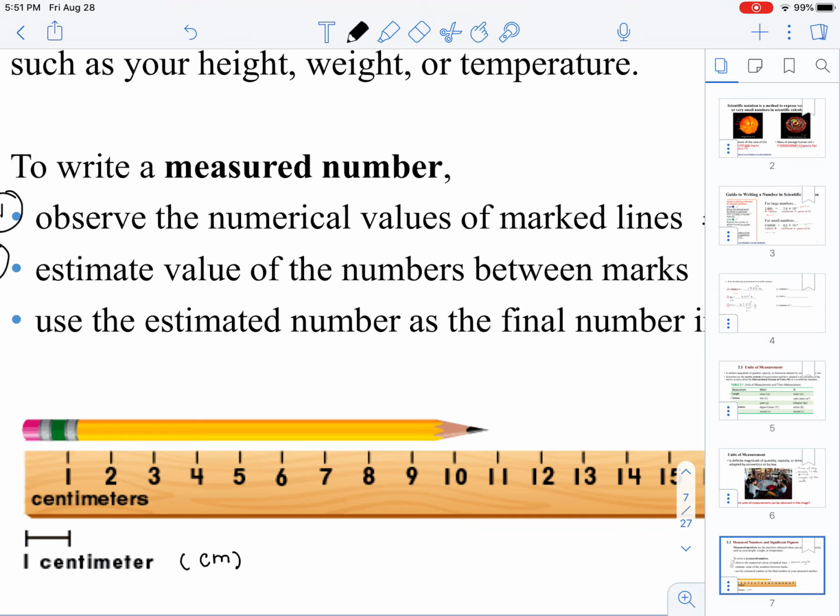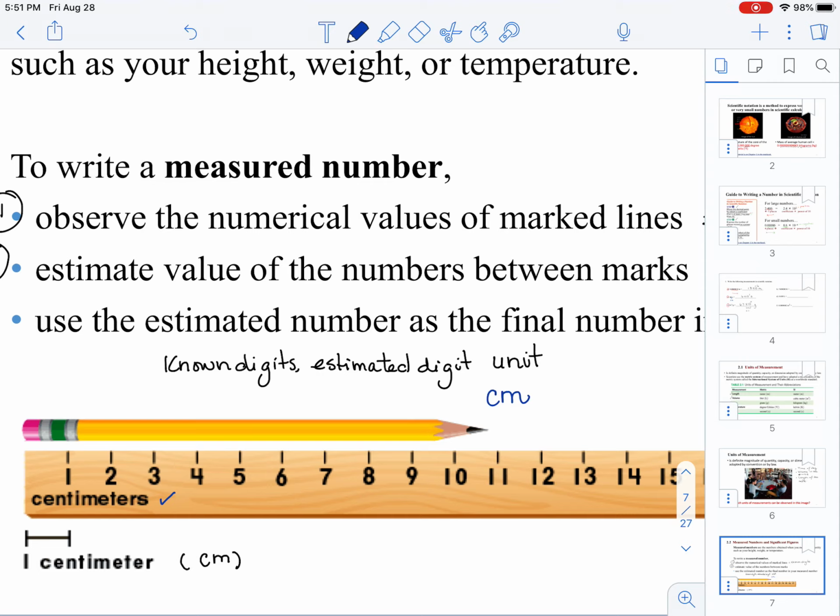So remember, when we're writing a measurement, we're going to have known digits, followed by an estimated digit, followed by the unit. So going back to our example, in this case, our unit is going to be centimeters, just because of the unit that is shown in the ruler.